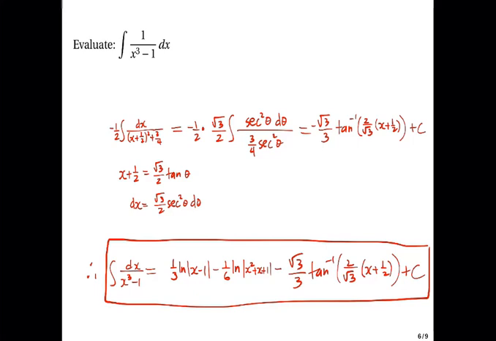So we let t equals tangent x over 2, where x is between negative pi and pi. Okay? So let's start with that hint. We have t equals tangent x over 2.